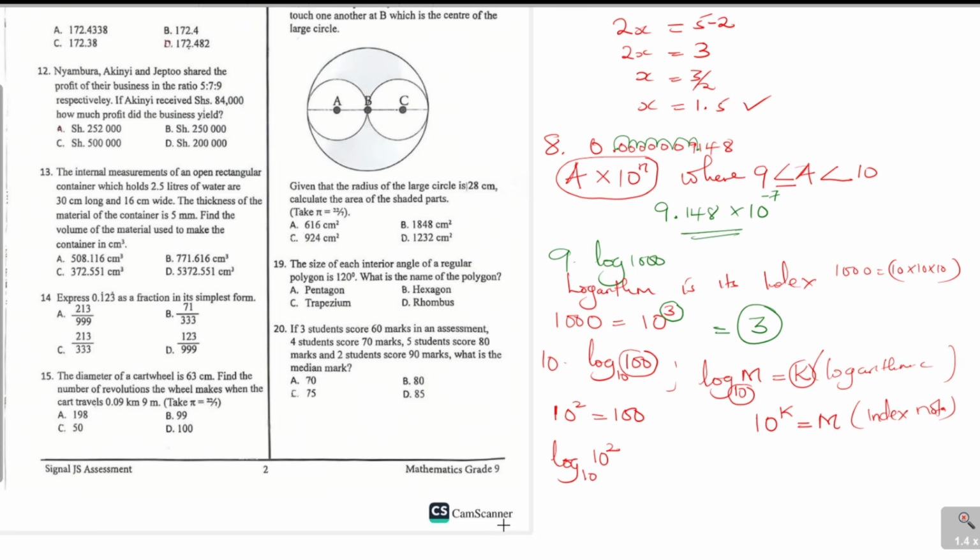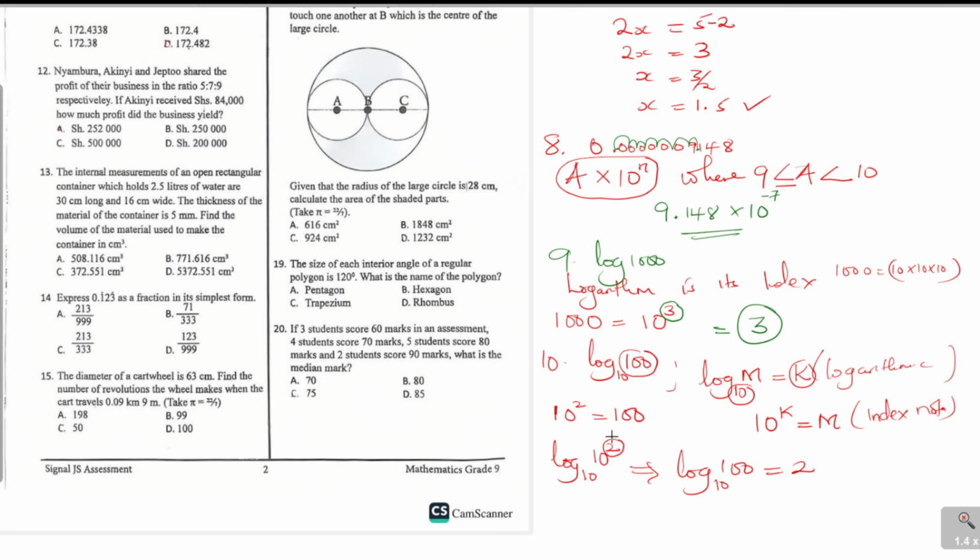You can see the power, or the index, is the logarithm. So the logarithm of 100 to the base of 10 is 2.